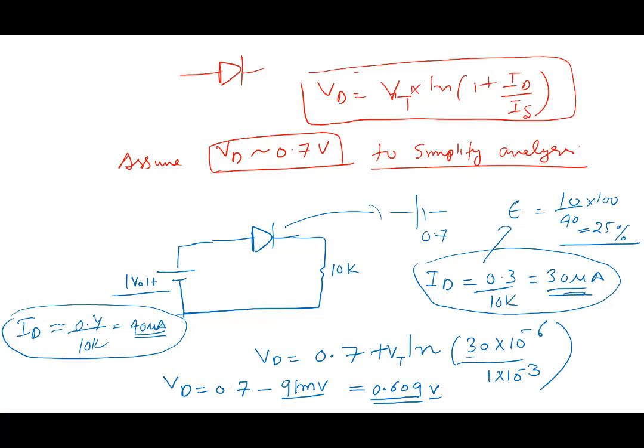Huge. So at one place, I assumed 0.7 volt in my circuit and it worked out fine. I got an error of 1%. Current calculation is fine. Now in this case, I again put 0.7 and the error is 25%.